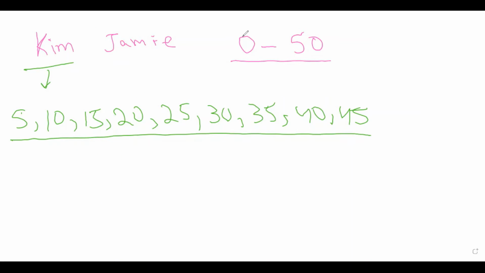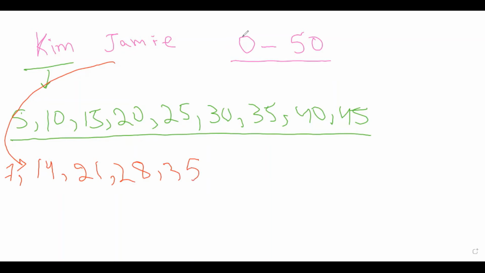So we will write the multiples of 7: 7, 14, 21, 28, 35, 42, 49.